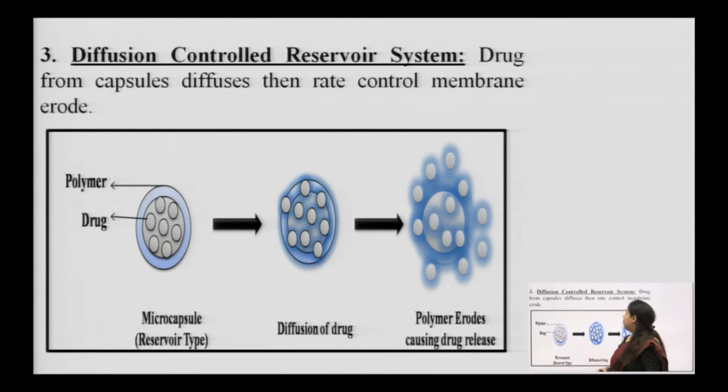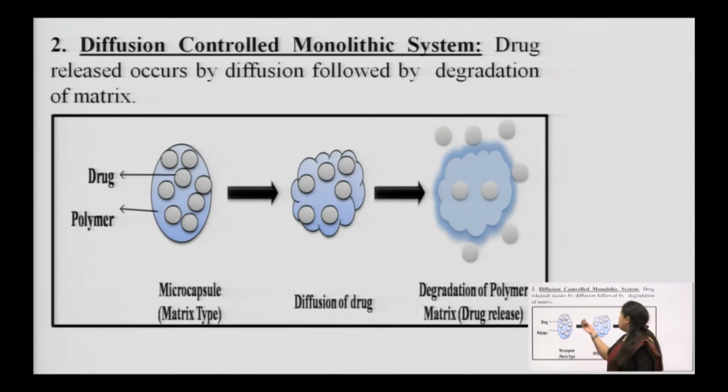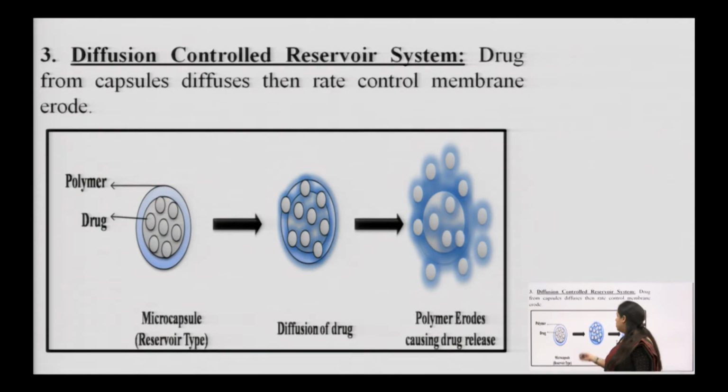Next, the diffusion controlled reservoir system. In this you see the matrix form of the microsphere. For the reservoir type you see a double layer polymer membrane, or a thick membrane of polymer. The drug is encapsulated in the reservoir type of microsphere formulation, and the drug diffuses out through the reservoir slowly.